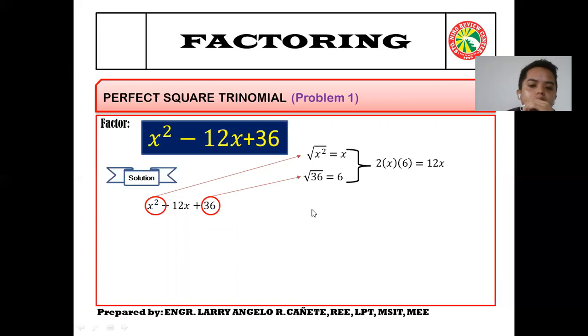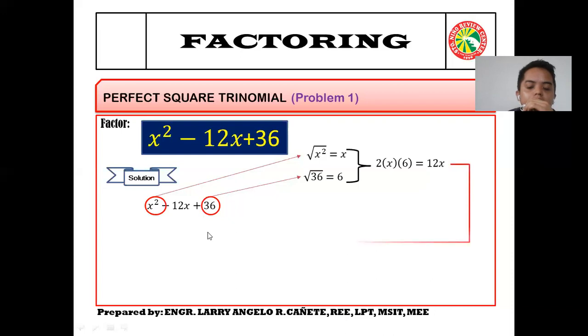After that, you check if you multiply the square roots of the first term and the third term, x and 6, and then double the result, you get 12x.